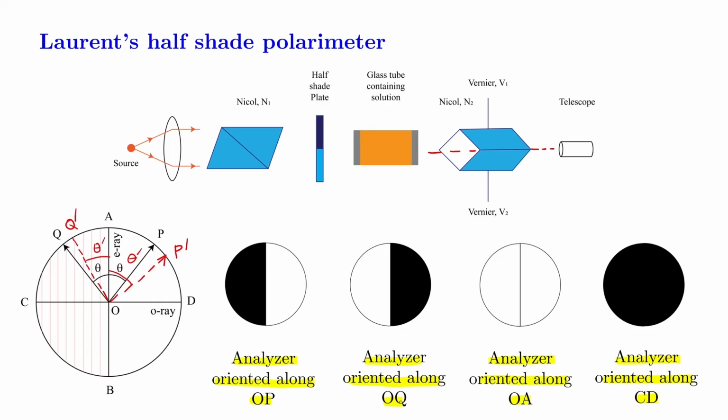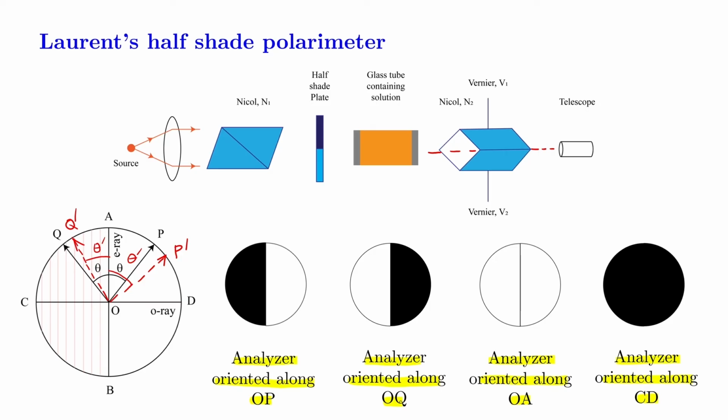The optically active solution in the glass tube changes the direction of polarization of the light beam. Now let us assume that the direction has been changed to OP prime. Let us assume that the corresponding angle is theta prime. In the quartz side, the polarization vibration rotates by an angle 2 theta prime, and now let us assume that the direction of polarization is along OQ prime.